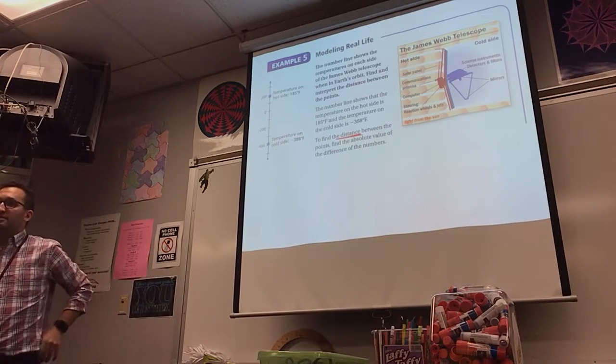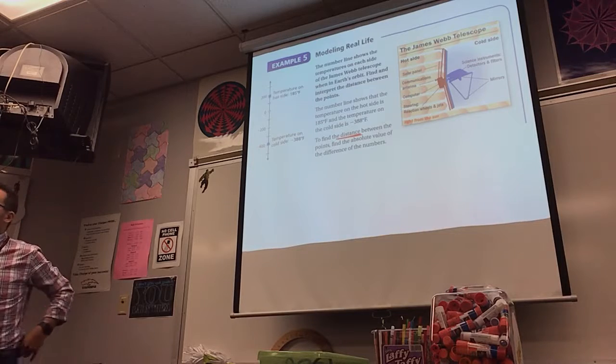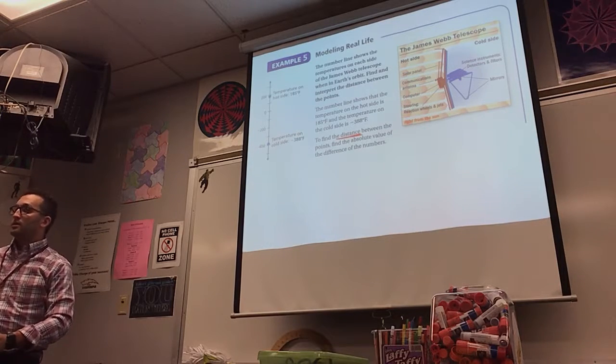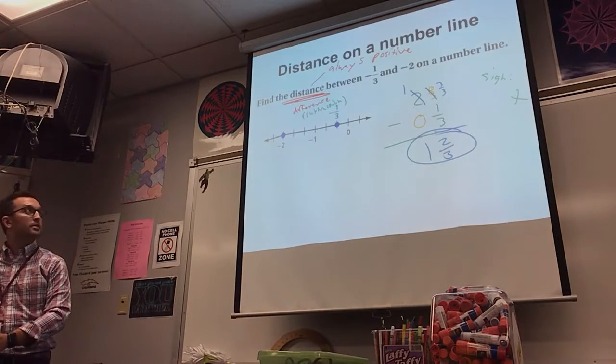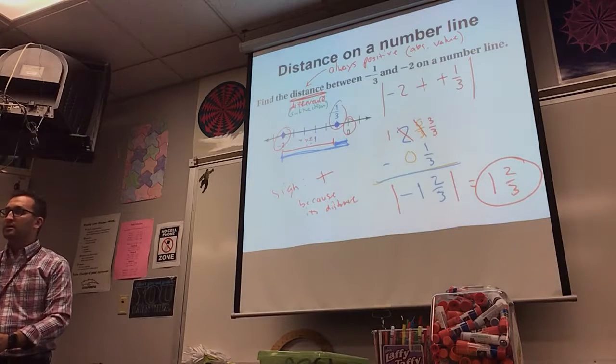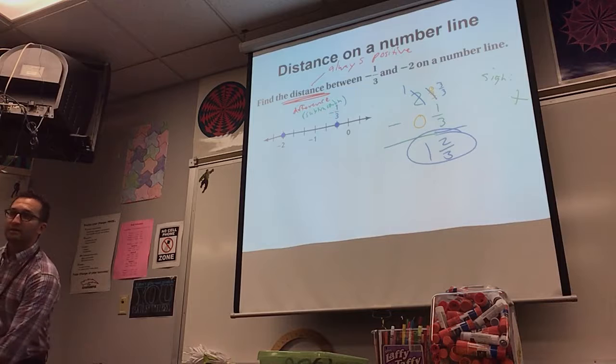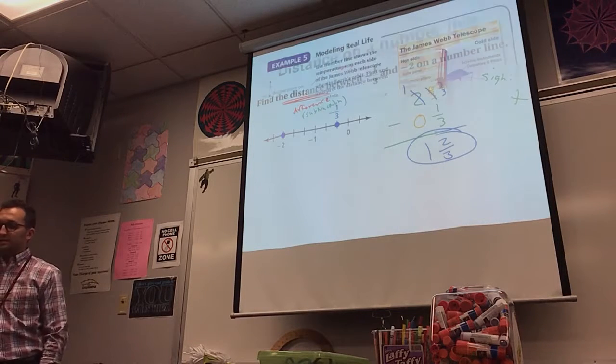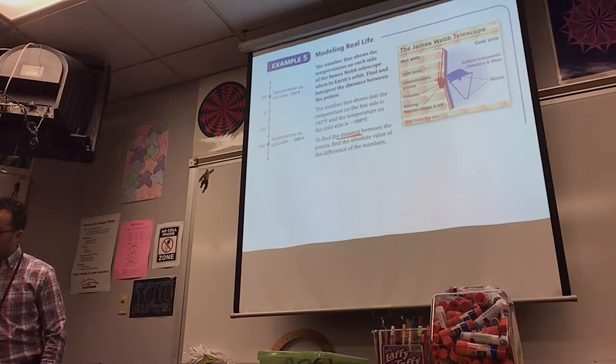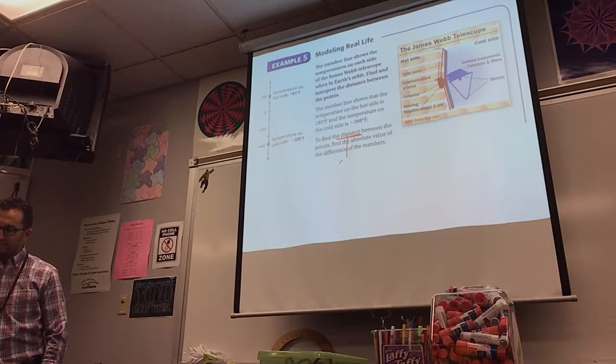Distance between the points. How do I find the distance between those points? What do I do? I find the difference of their what? Distance is the difference, okay? But it's always positive.